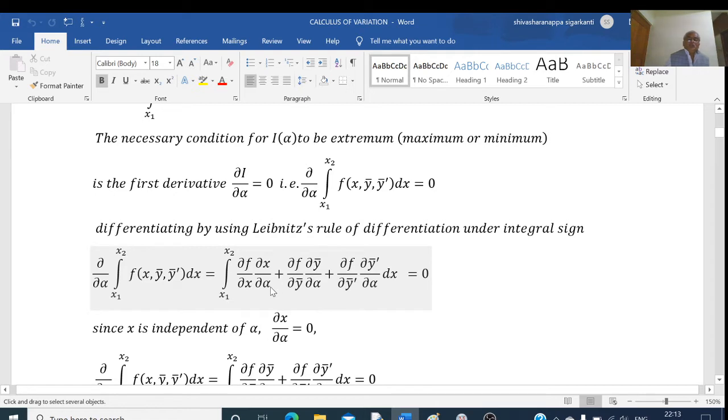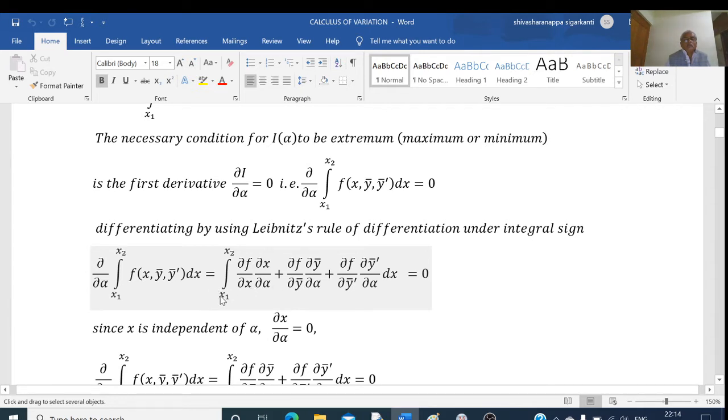Now, there is no relation between x and alpha. That means x is not depending on alpha, that is, x is independent of alpha. If x is independent of alpha, then dou x by dou alpha is equal to 0.